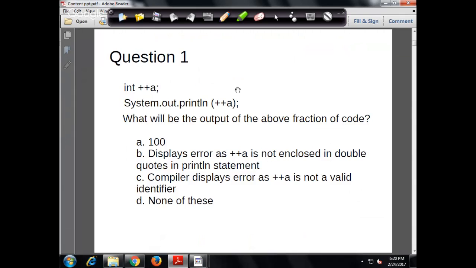So I'm going to display the question again. If someone using the tip has figured out the answer, can anyone of you figure out the answer? I'm just waiting.